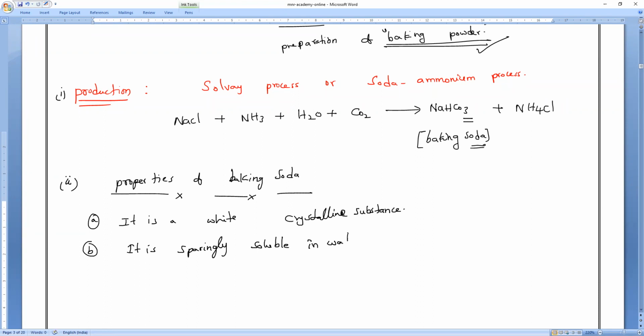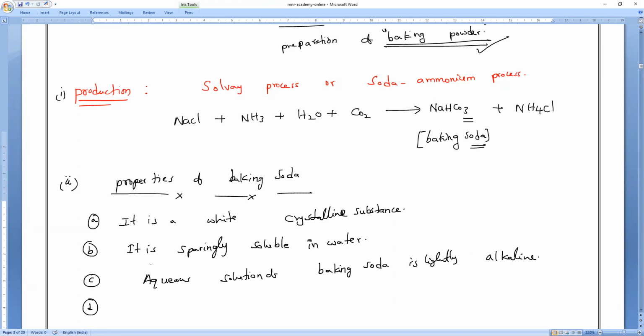Not that it reacts faster in the water. Sparingly soluble in water. Okay. Next, as it is only sparingly soluble, when dissolved slightly it will be slightly alkaline in nature. So the aqueous solution of baking soda is slightly alkaline.